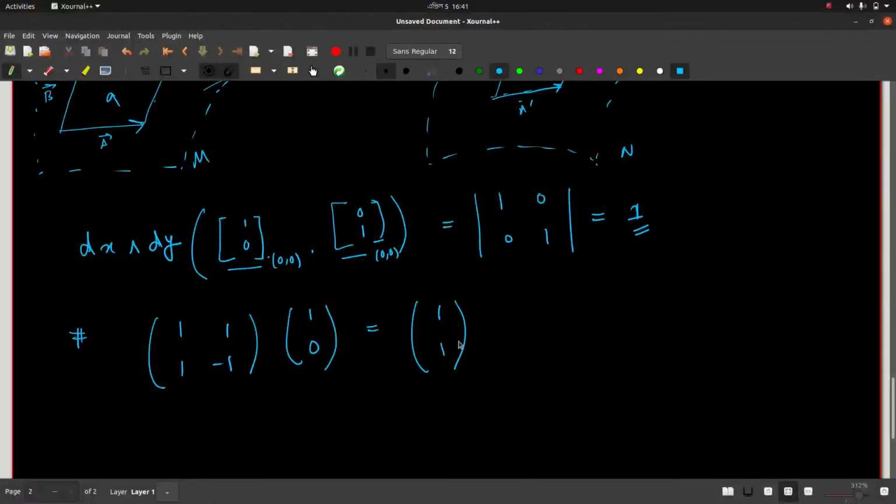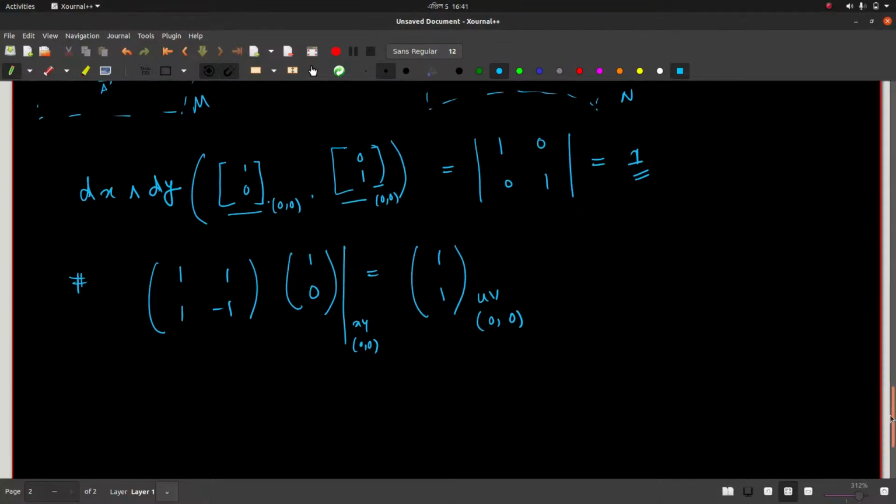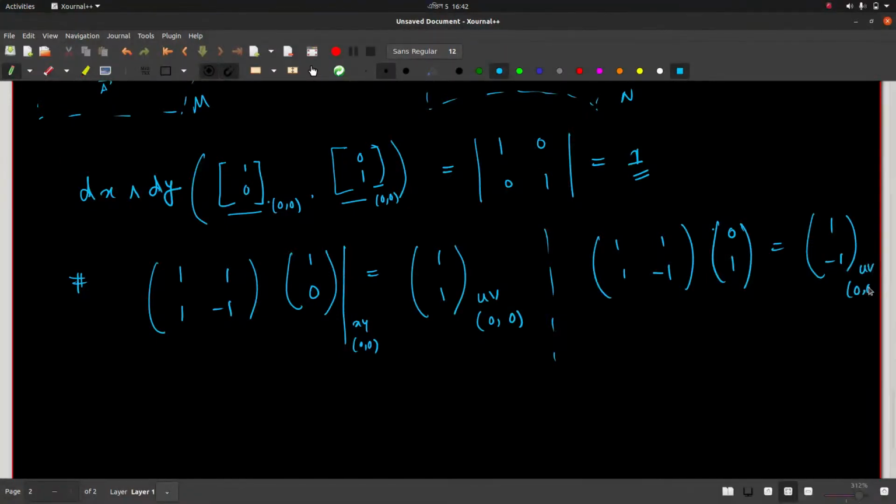Okay, so again note the fact that this is coming from the xy plane, or the manifold where you are equipped with the xy coordinates, at the point (0, 0), and this is on the uv manifold where this (0, 0) point will get mapped to (0, 0), like this. Okay, and then similarly this (0, 1) will get mapped as follows: (1, -1). So this is on uv at (0, 0).